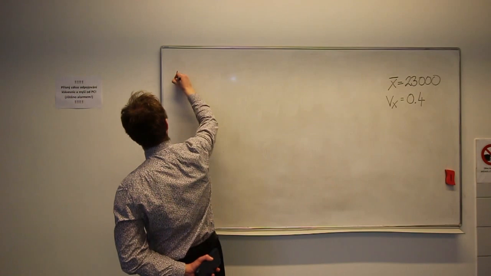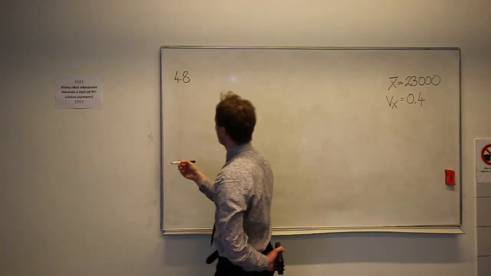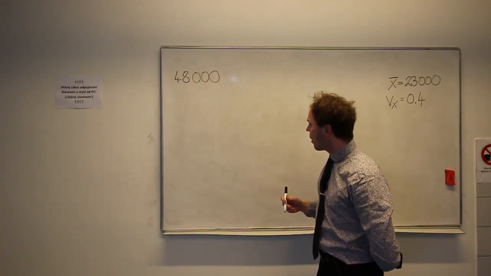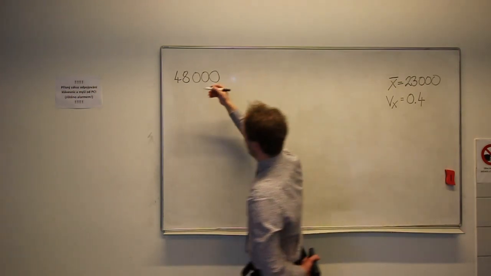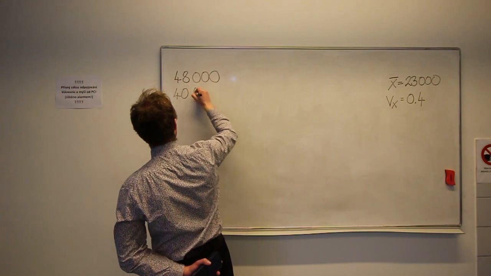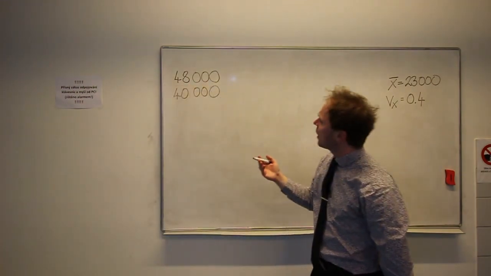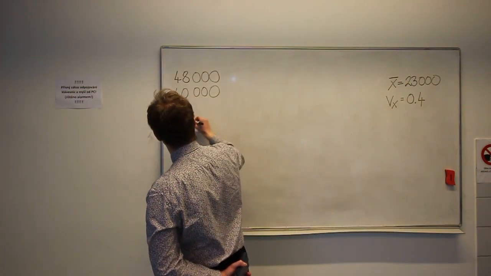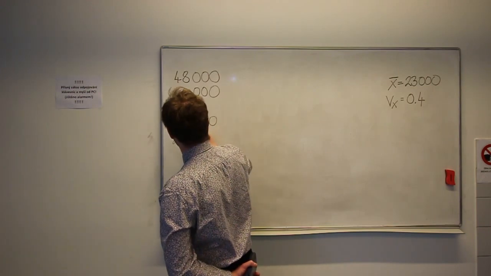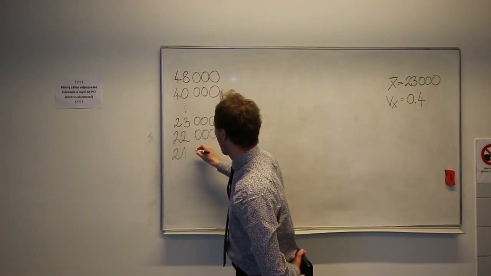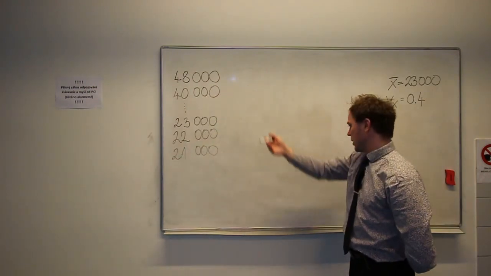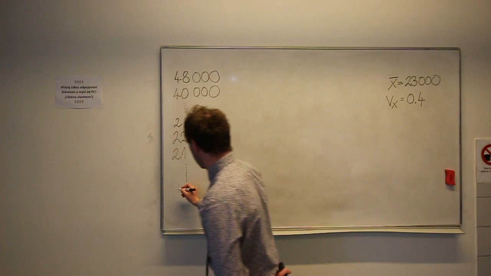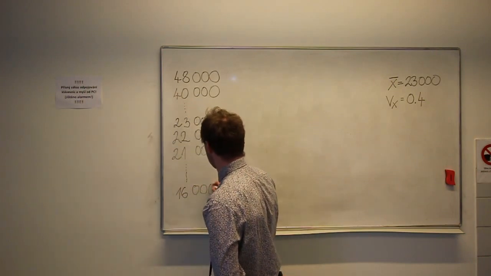And now the illustration about wages in this company. So there is, for example, the boss, yes, the headmaster with a wage of, for example, 48,000 Norwegian crowns, the vice boss with a wage of 40,000 Norwegian crowns, the common workers with wages of 23,000, 22,000, 21,000, and some beginner, yes, junior worker, with a wage of 16,000 Norwegian crowns.